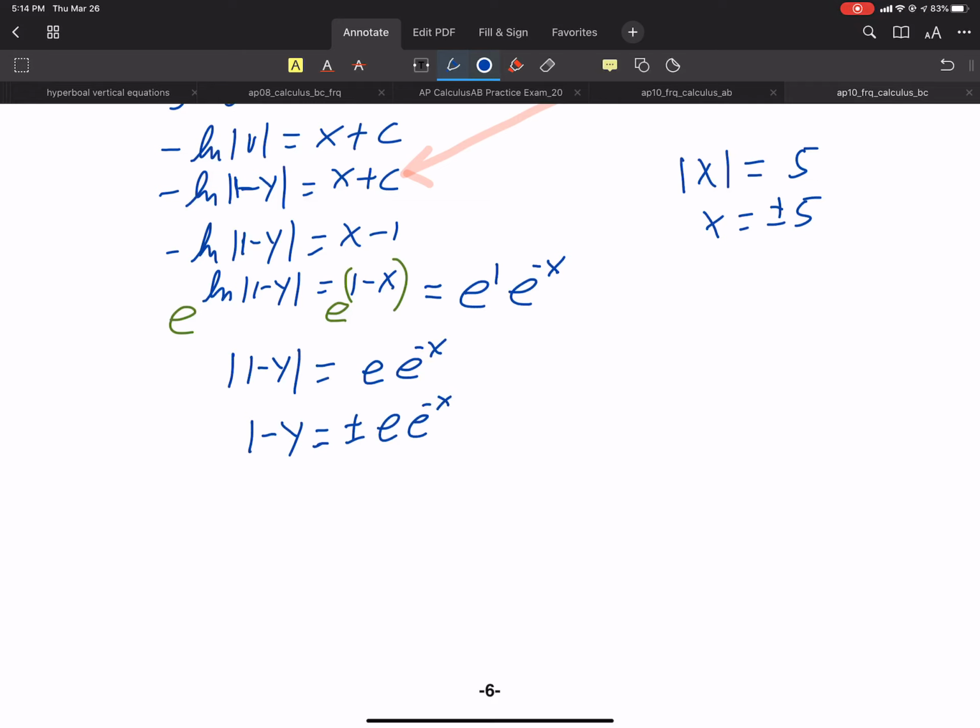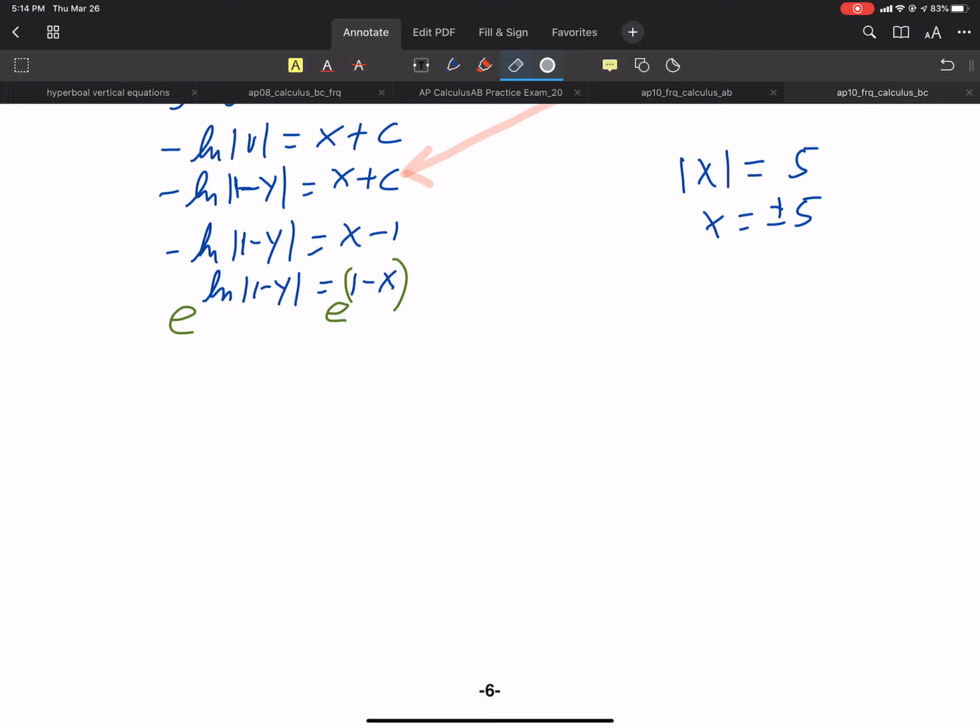Now that I see this, we don't need to separate the bases out. Let me not do all that. And I think it'll be cleaner. Absolute 1 minus y equals e to the 1 minus x. Now, if I get rid of the absolute value, I get plus or minus e to the 1 minus x.